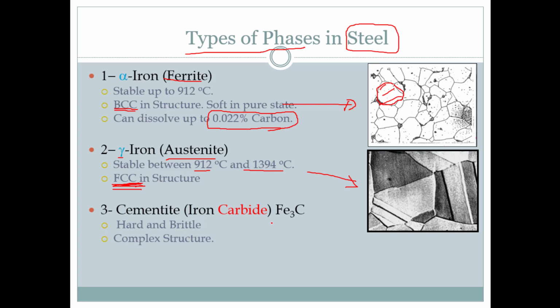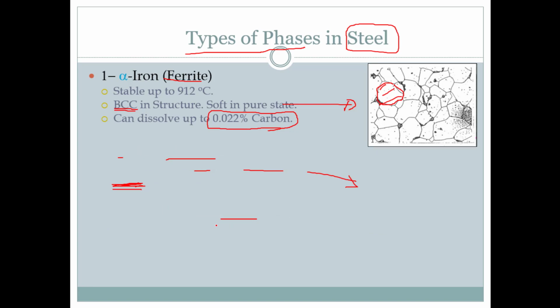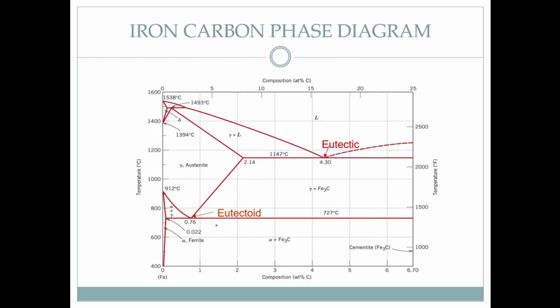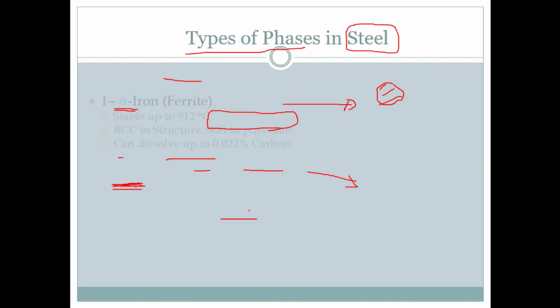Cementite, or we can call it iron carbide. If we go to the phase diagram, we can notice that it has the maximum amount of carbon, 6.7%. But austenite can contain up to 2.14% of carbon.